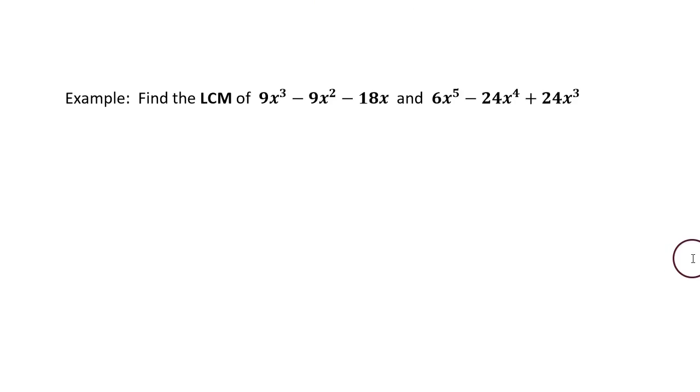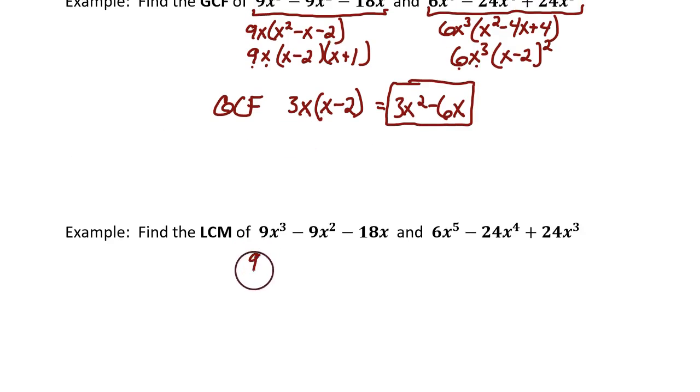Next example, let's find the LCM of those same two polynomials. So the first step was to write factored form. You can copy that down from above.